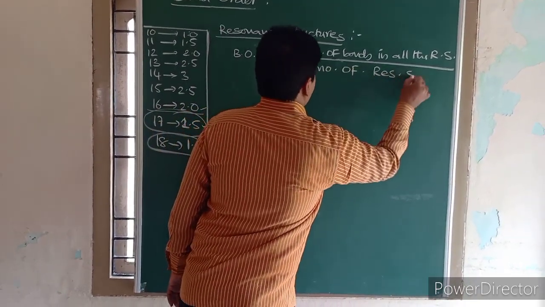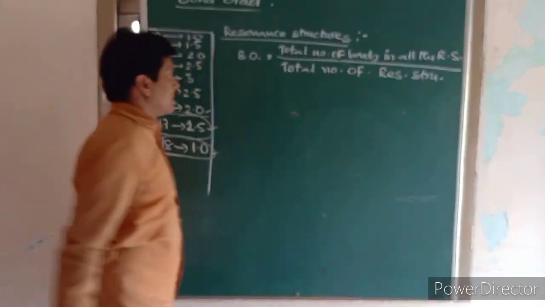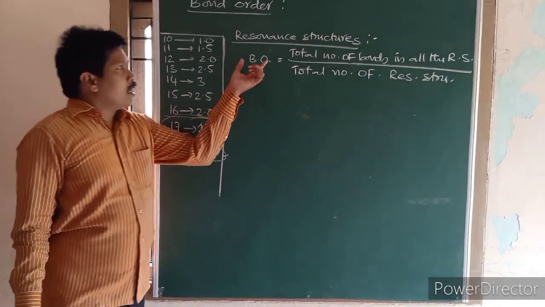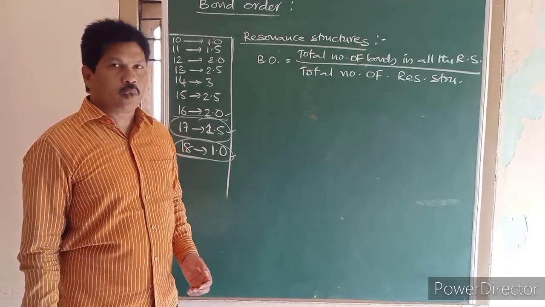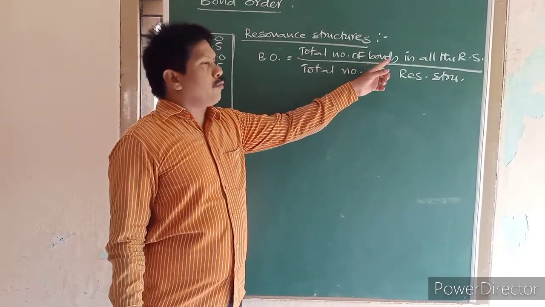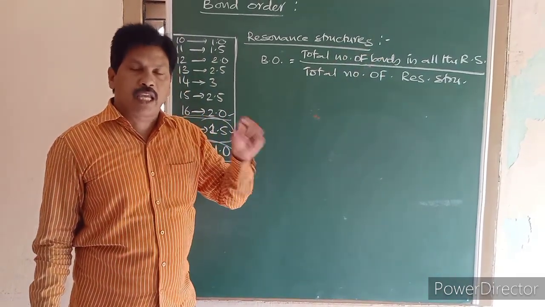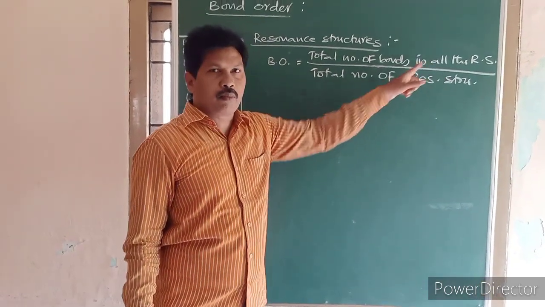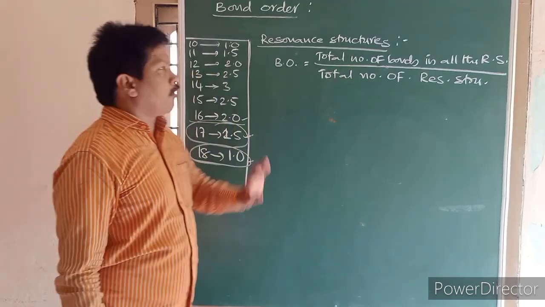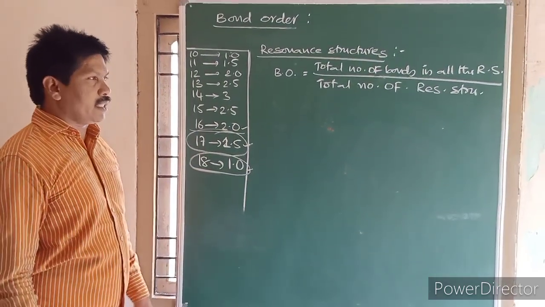Once again repeating, for this type of resonance-exhibiting molecules, it is the total number of bonds between the same type of atoms in all the resonance structures, divided by the total number of resonance structures.